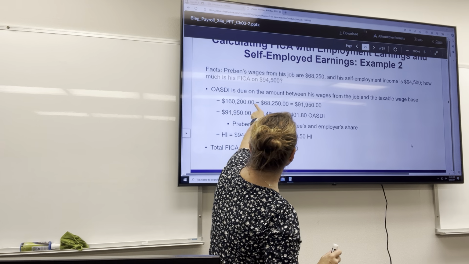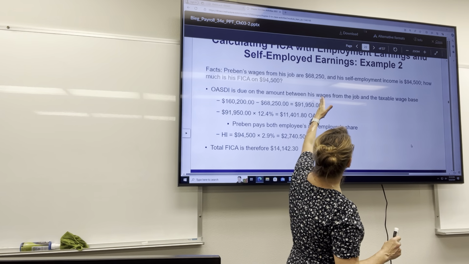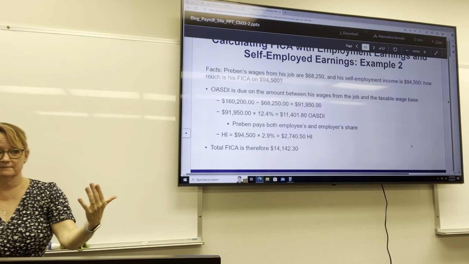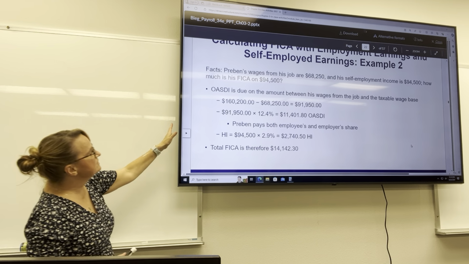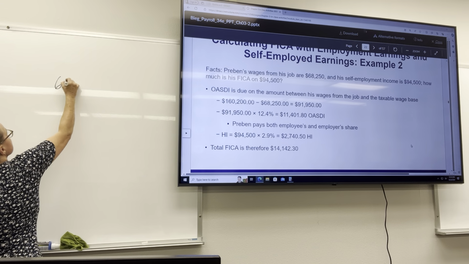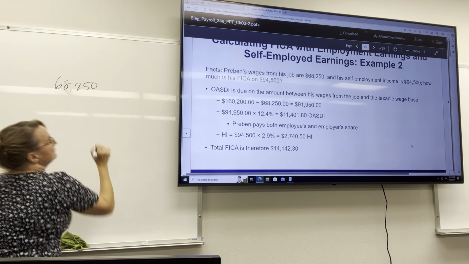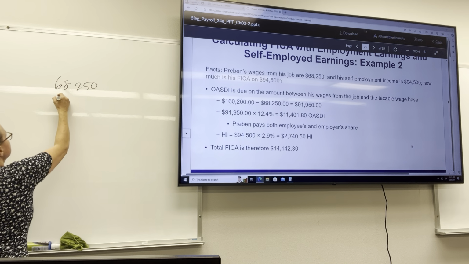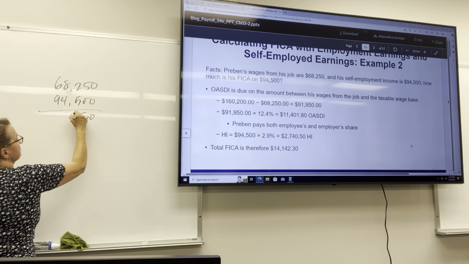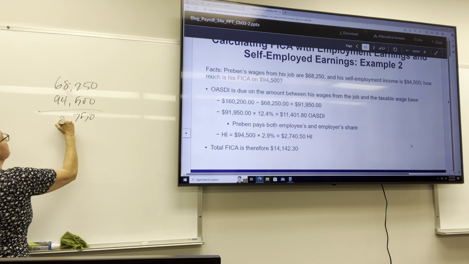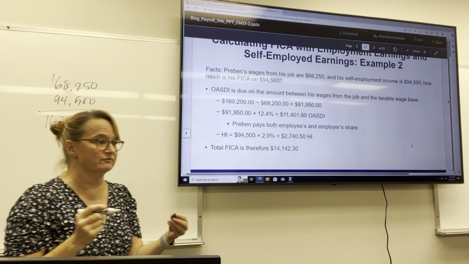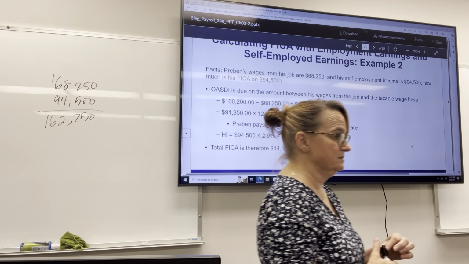It's the amount between his wages and the wage base that he's going to have to pay tax on. Combined, $68,250 and $94,500, in total he made $162,750. He's over that wage base.